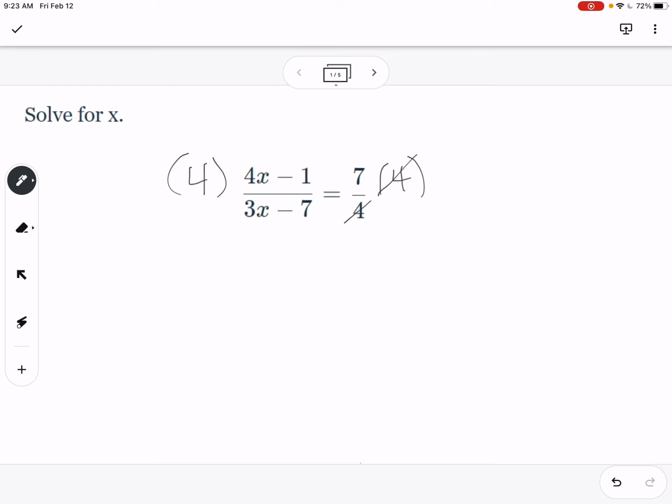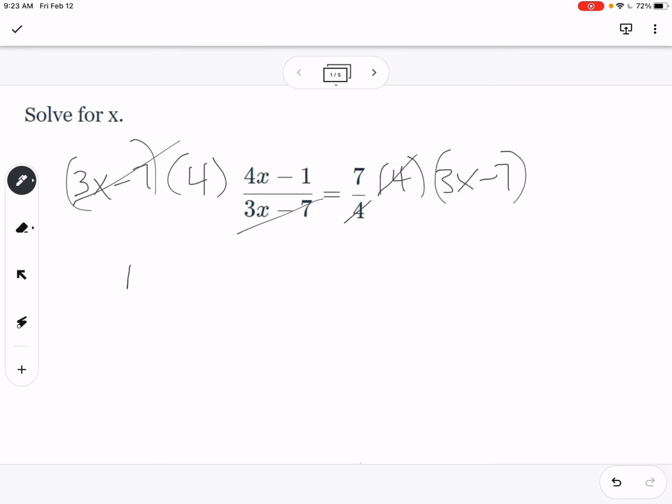Then I'm going to do the same thing where I multiply 3x minus 7 to both sides. And what happens is the 3x minus 7 and the 3x minus 7 here cancel or reduce.